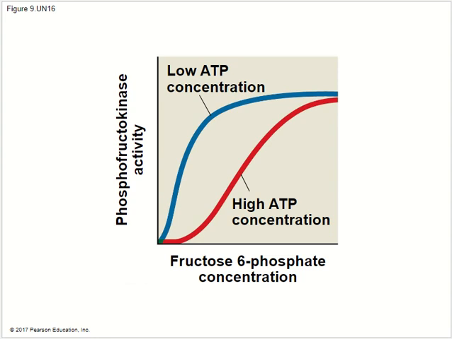When there's a low ATP concentration, it is much more active, whereas when there's high ATP concentration, it is not as active with respect to fructose 6-phosphate concentration. Although eventually when there's a high enough fructose 6-phosphate concentration, activity seems to equal each other regardless of ATP concentration.